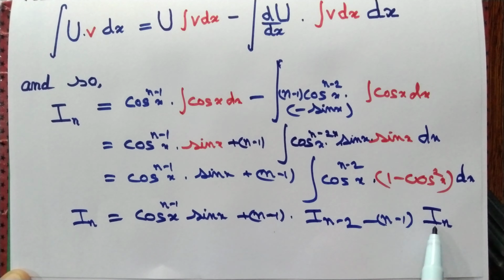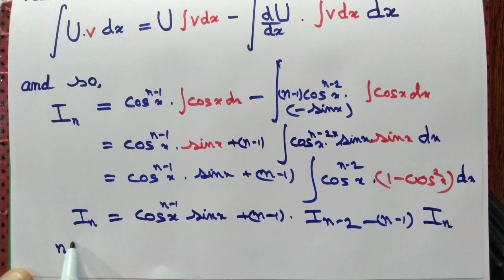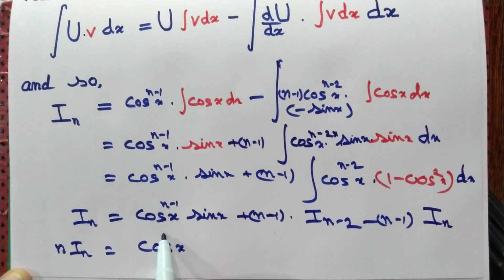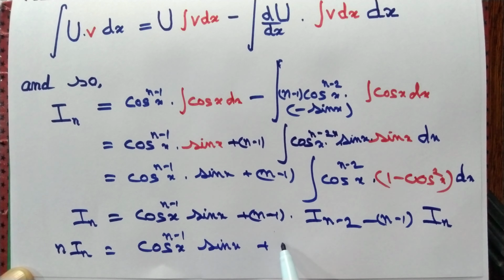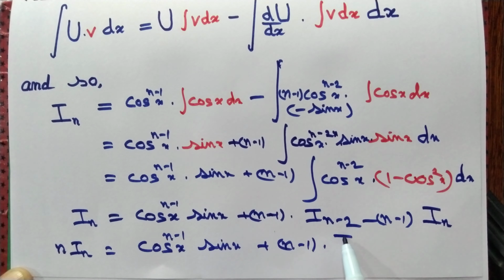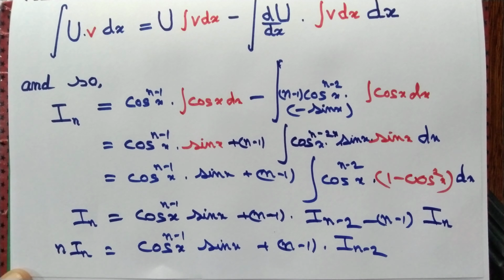Okay, so we can cancel I_n out and we will be left with n times I_n equal to cos x to the power n minus 1 times sin x plus n minus 1 times I_(n minus 2).